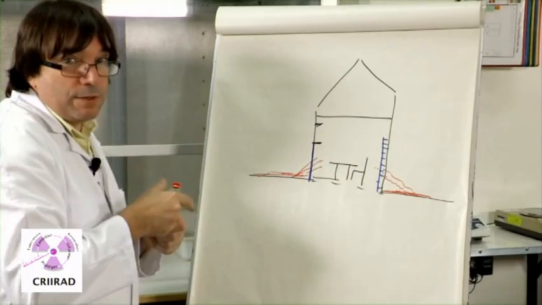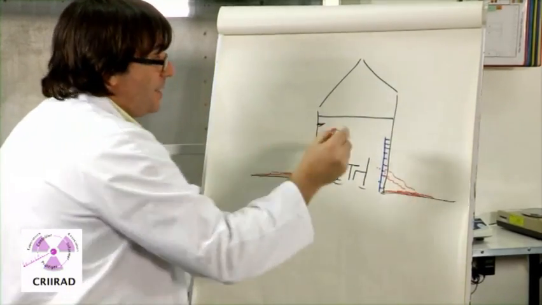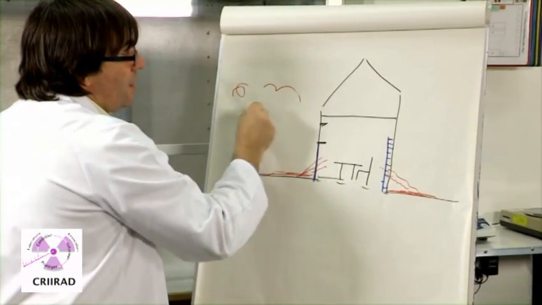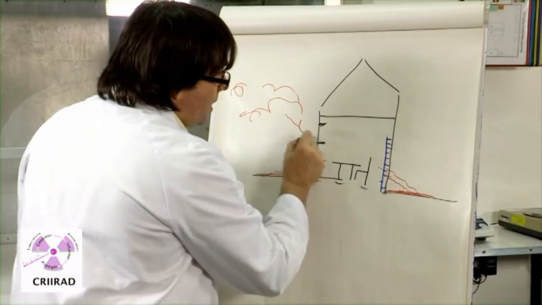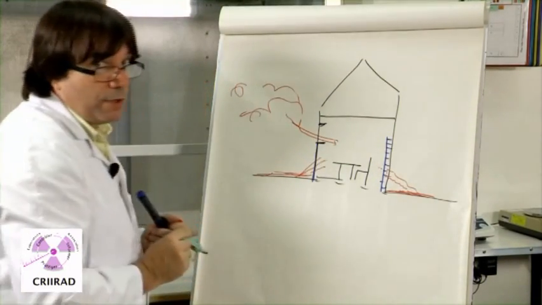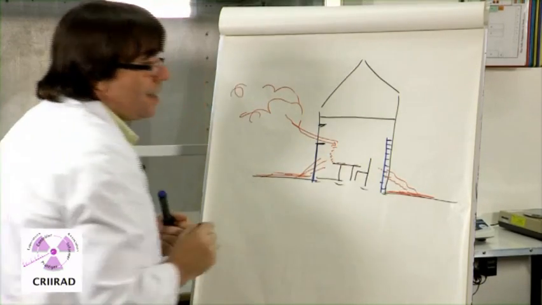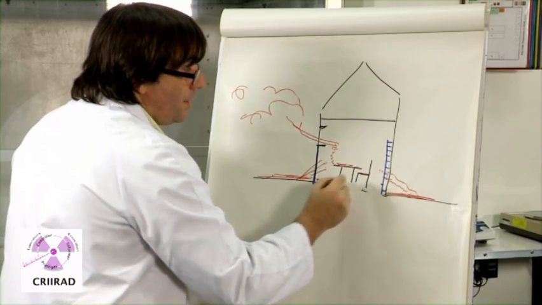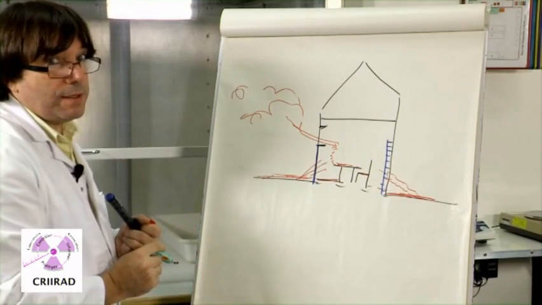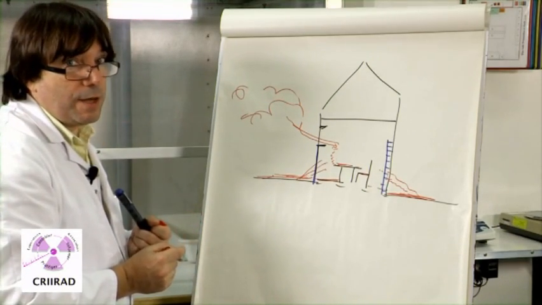The second reason for checking radiation inside your house is the fact that when the radioactive cloud arrived, radioactive gases and particles entered your house, and some of these particles accumulated on the surfaces, your table, your chair, and it's important to check this accumulation and to check the amount of radiation inside the house.